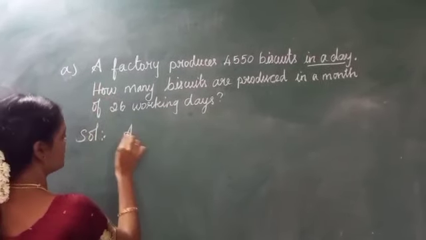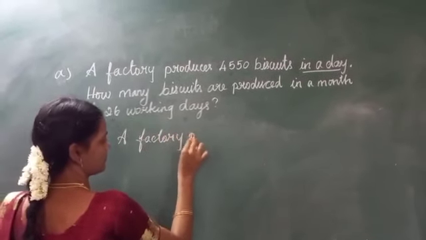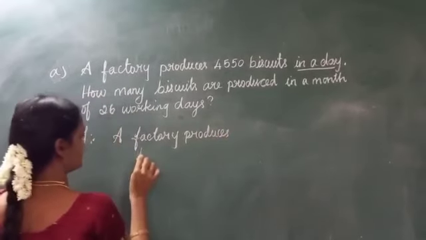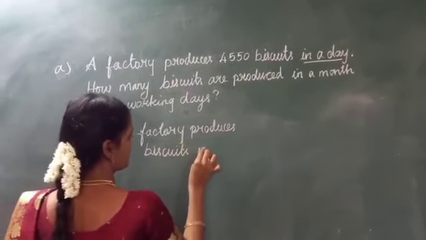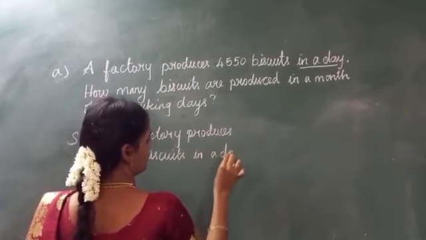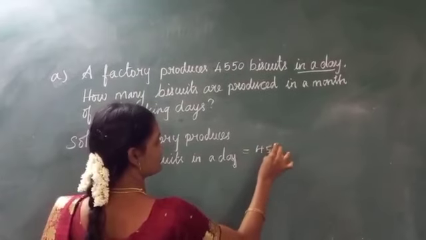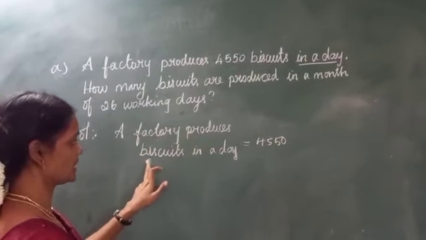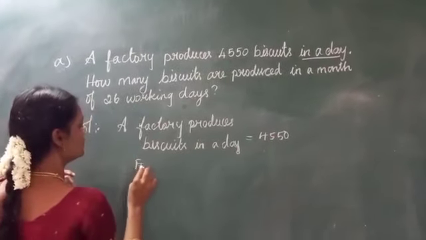A factory produces biscuits in a day is equal to 4,550.